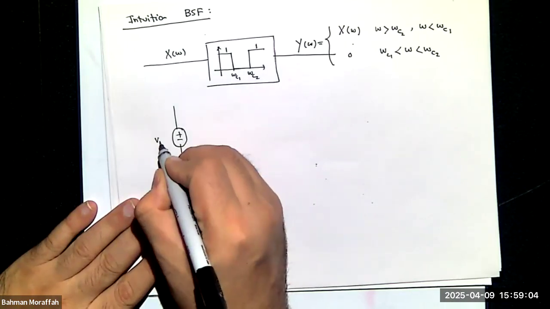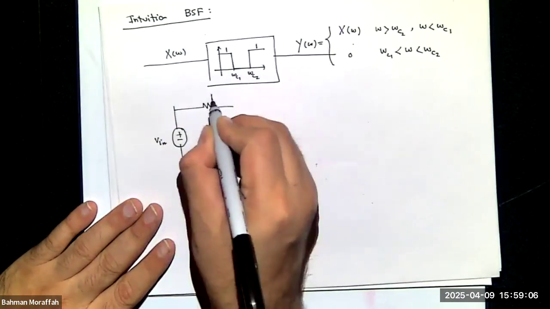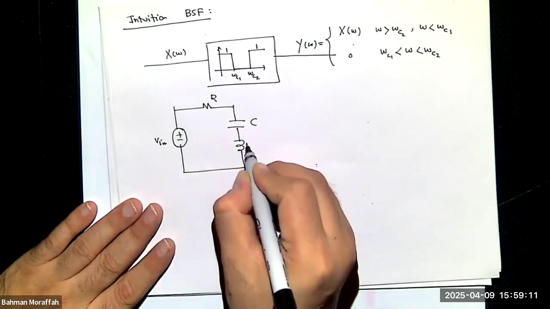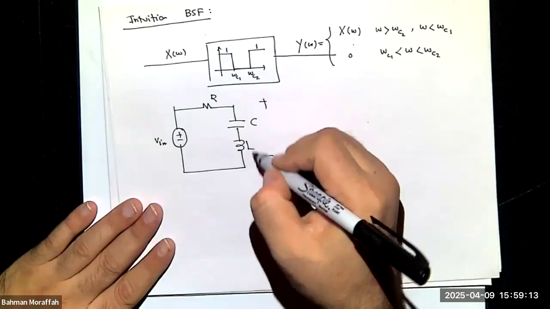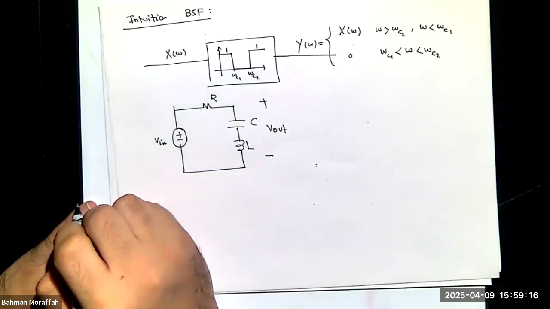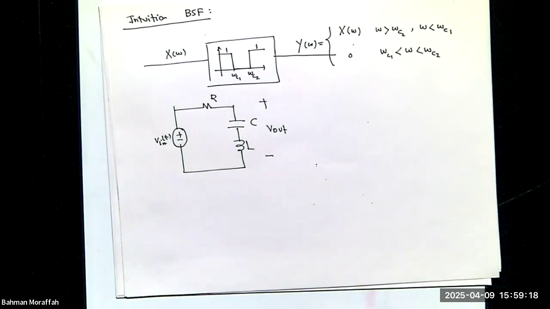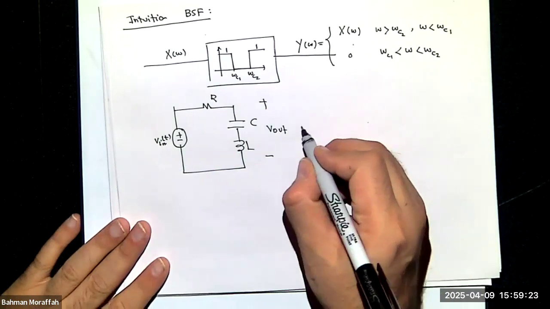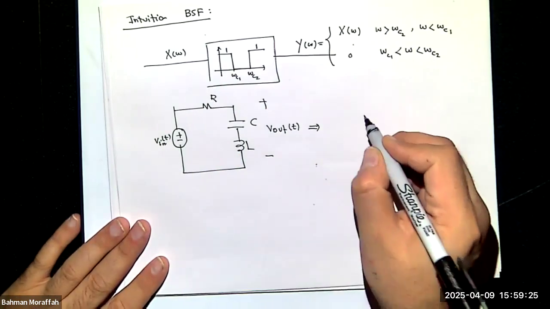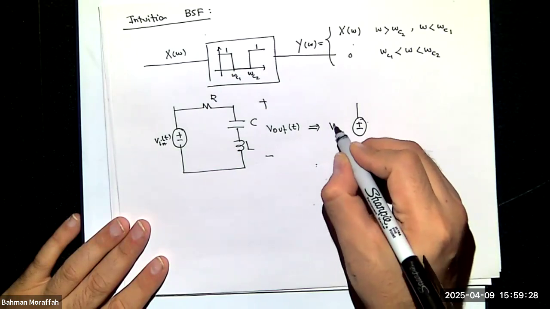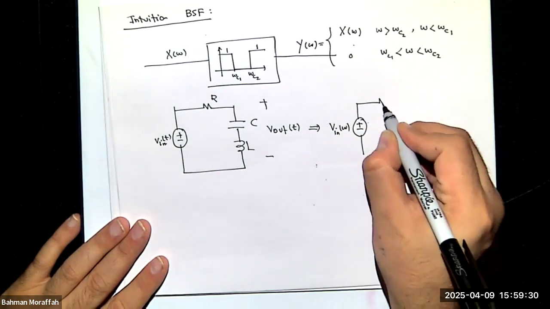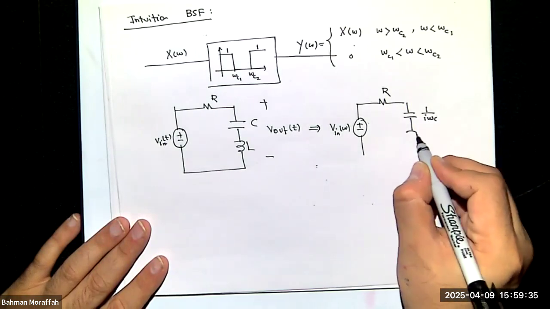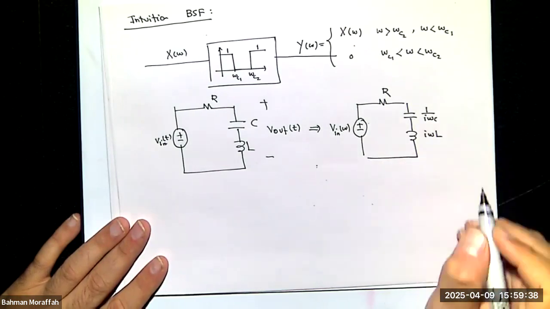So I have the input, R, C, and L. If I look at the voltage across these two, it turns out it is actually doing this. So if I take this to the frequency domain, I get V in of omega, R remains the same, C becomes 1 over I omega C, L becomes I omega L.